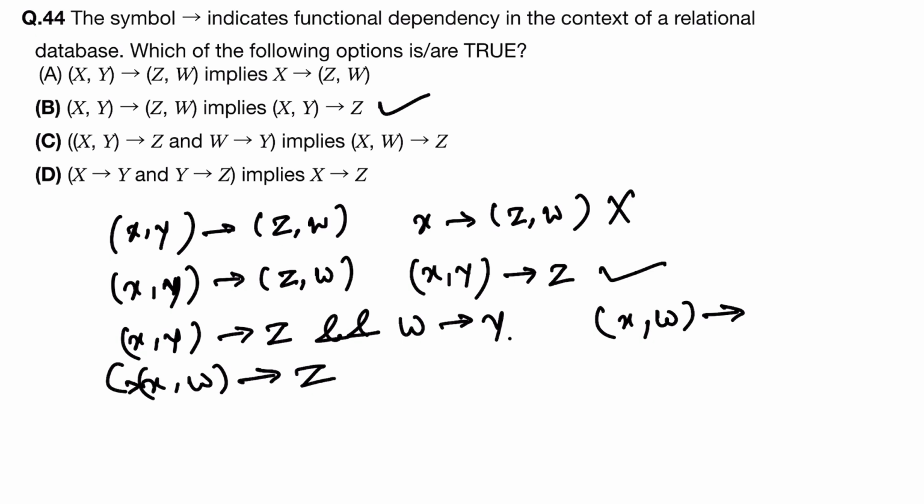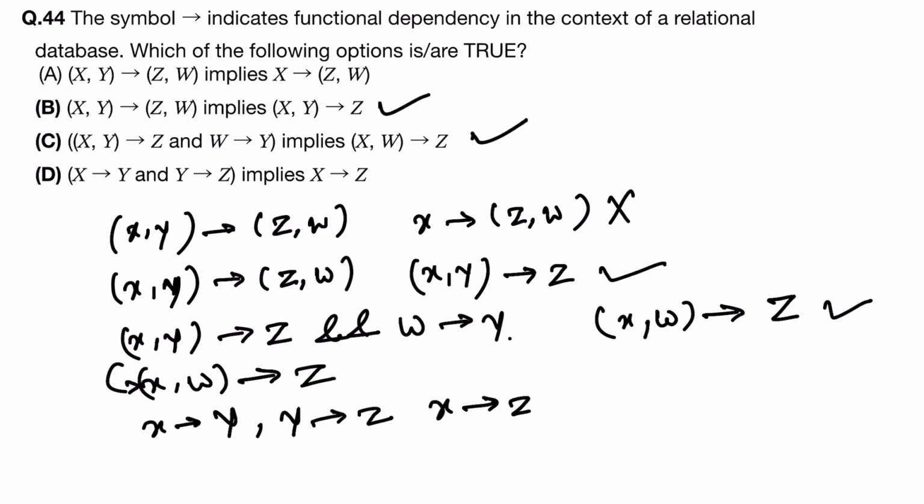So from XW also we can go to Z, so this is also true. Next is transitivity: X to Y, Y to Z, then X to Z, this is also true. So the correct options are B, C and D.